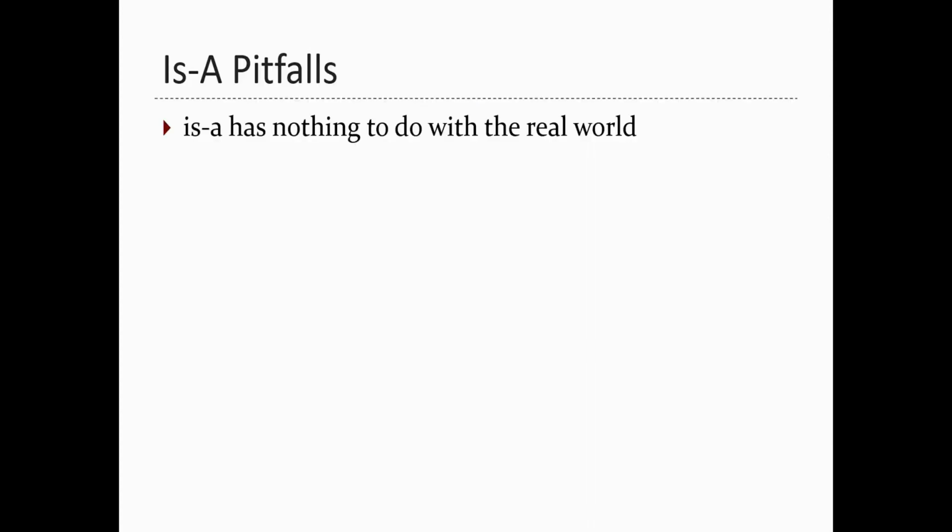Okay. Now, one of the things you have to remember is that this notion of inheritance is not a real-world concept. So is-a, or is substitutable for, has nothing to do with the real world. It's purely a programming construct. So this is important: purely a programming construct.